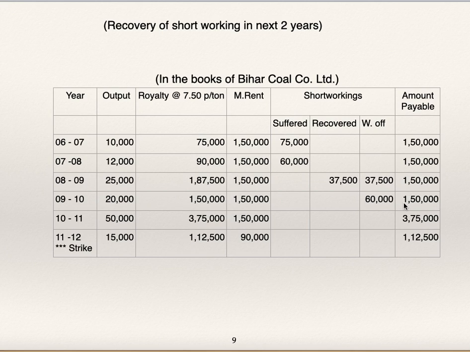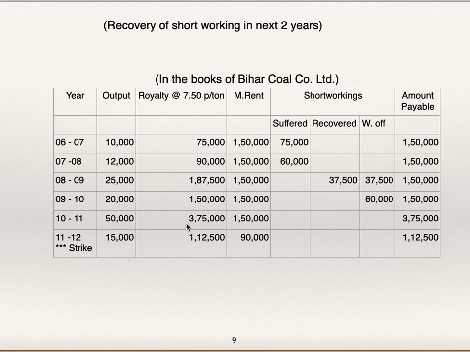Amount payable is 1,50,000. In the year 10-11, royalty is 3,75,000, 50,000 into 7.50. Minimum rent is 1,50,000. Whatever he had suffered in the earlier year has become nil now. There is no balance in short working account. Royalty or minimum rent, whichever is more, subject to recovery of short working.